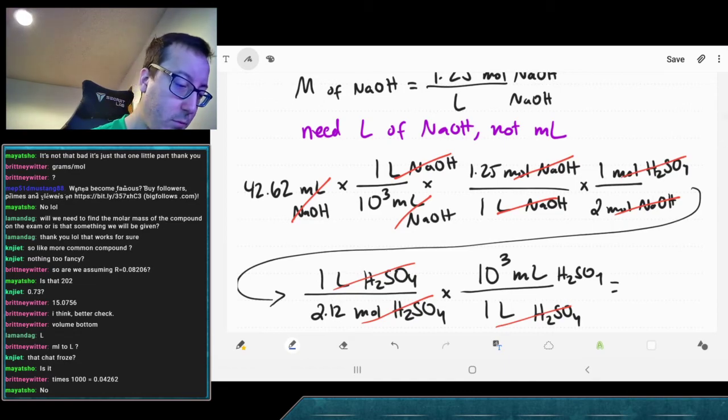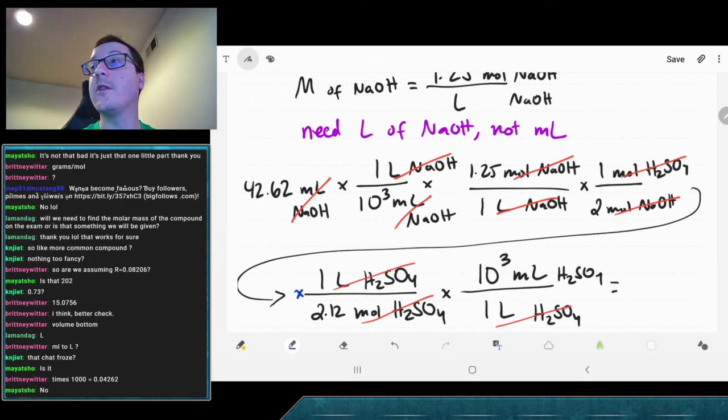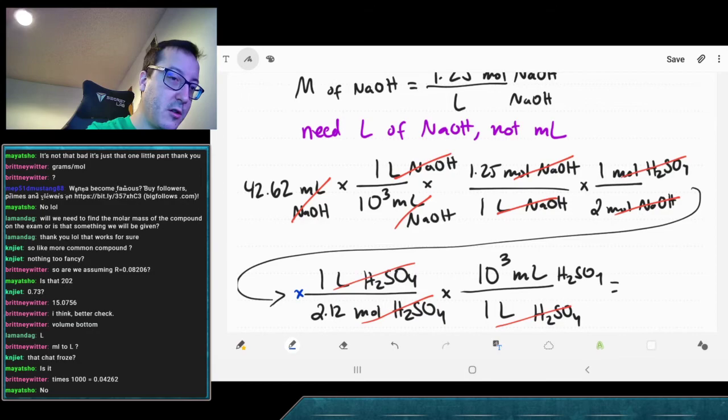Hooray. Of course, this was long at times. Wow, let's go ahead and do all this math. 42.62 divided by 1,000. Multiply by 1.25. Divided by 2. Divided by 2.12. Times 1,000.